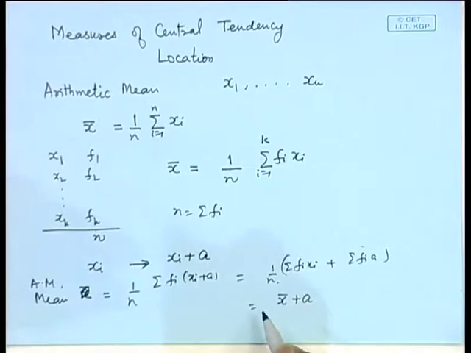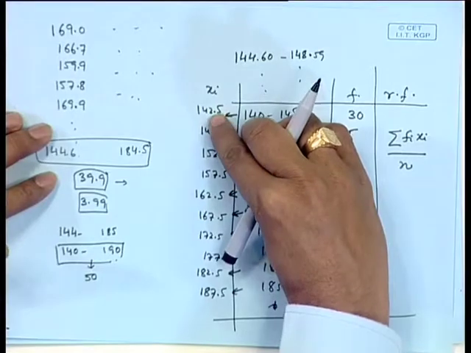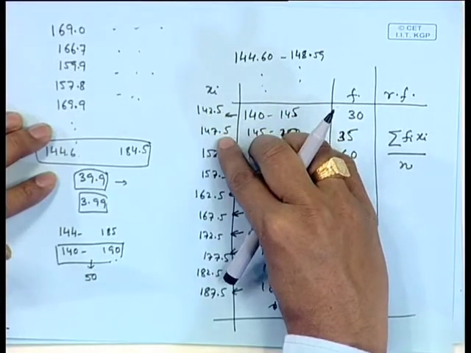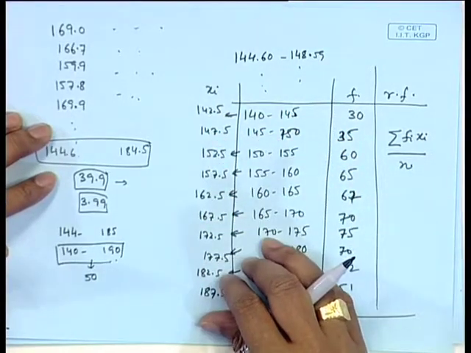This actually gives a very nice method of calculation, because many times we are dealing with either very large or very small values. So, we may shift all the values by a certain number. For example, these values like 142.5, 147.5 and so on are quite inconvenient.